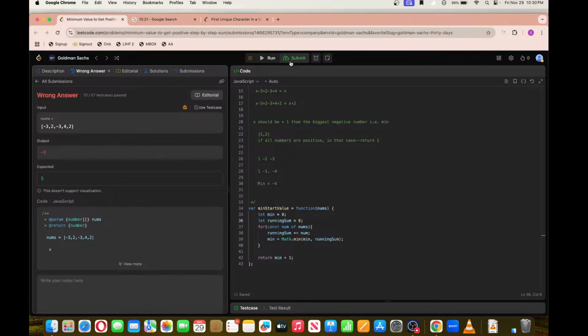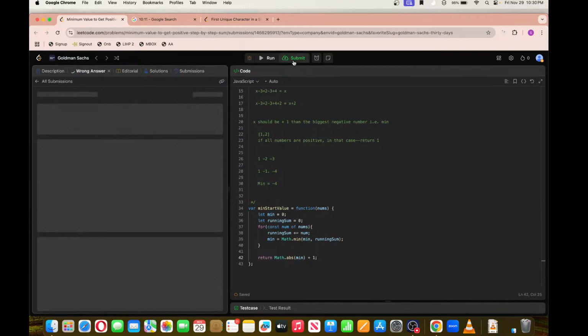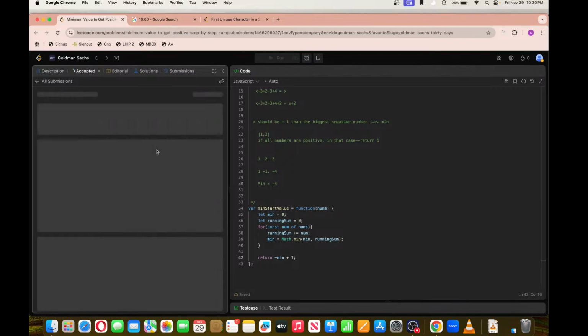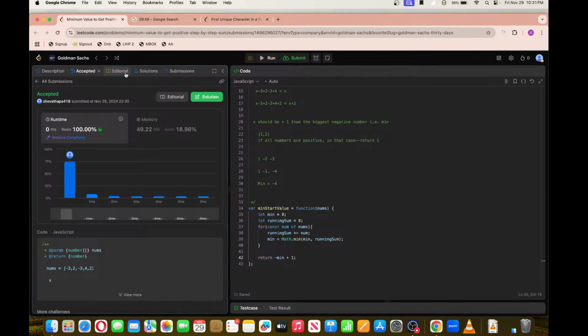What? I mean the absolute of minimum, or I could do minus minimum plus 1. Yep.